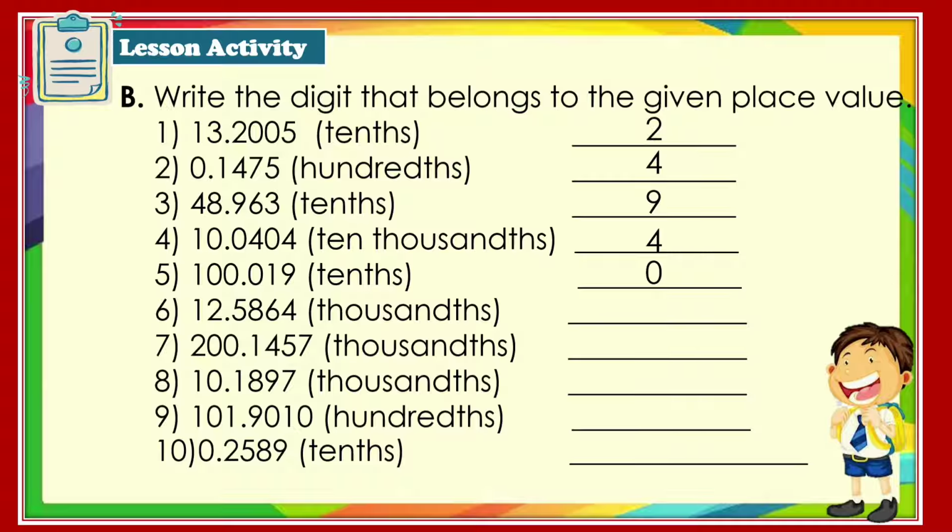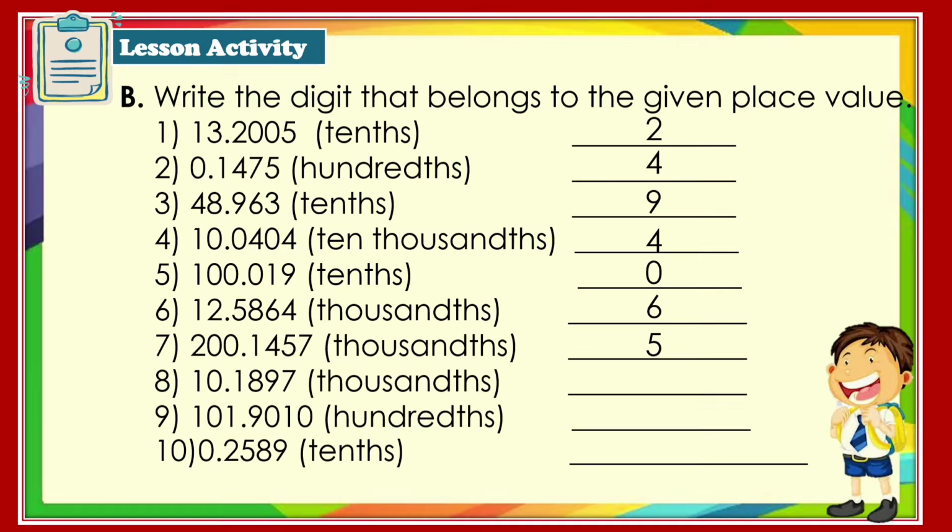Okay. Number 6. Thousands place. Thousands is 6. Number 7. Again, another thousands. What is the digit in the thousands place for number 7? We have 5. Number 8. Another thousands.